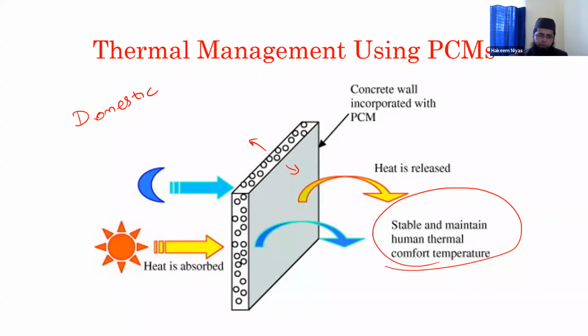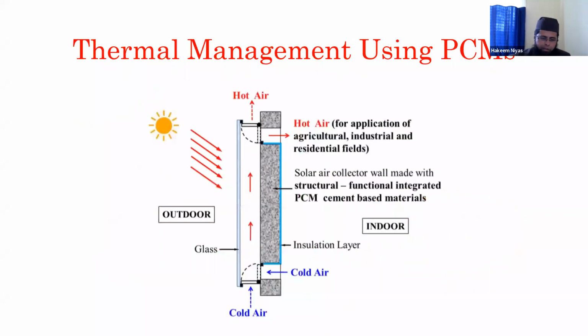But in the case of commercial buildings, assume we have a requirement, let's say, for industrial buildings where we need hot air for certain applications. So there, how we can use this is we have the building and we can have a glass plate or cover. So we can send the cold air and we are able to take a maximum amount of heat using this air.